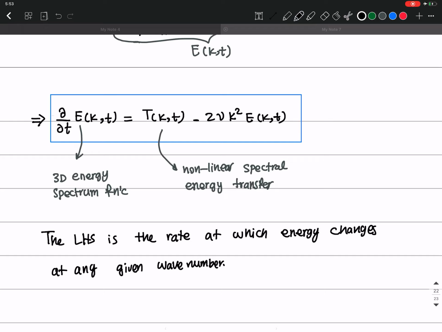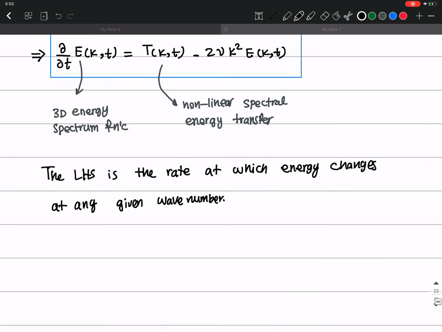What does this mean? At any wave number, this shows how the energy at that wave number is changing with time.